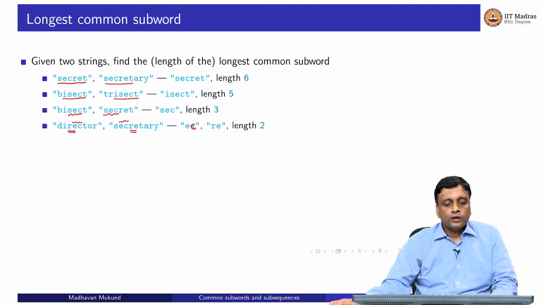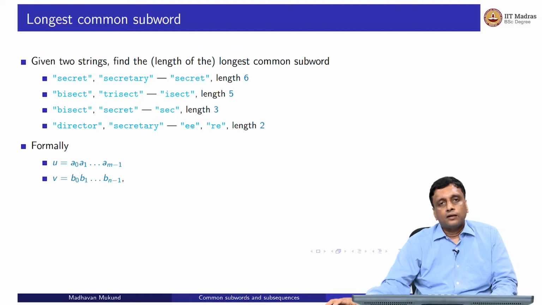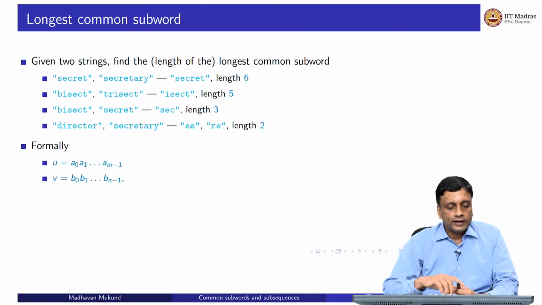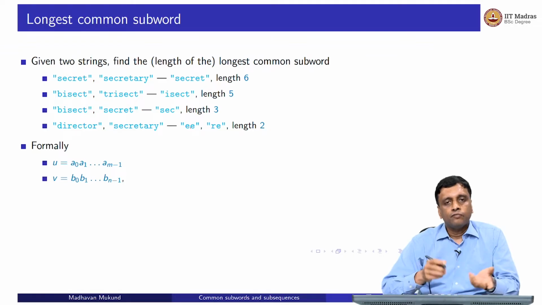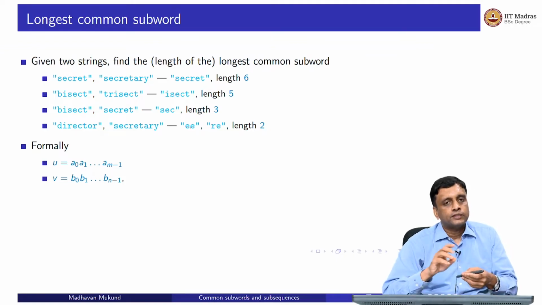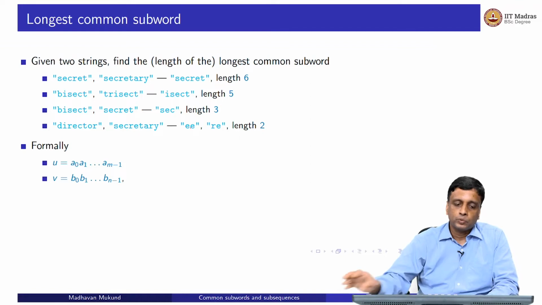Now there is obviously a brute force way of doing this. But first let's see what the problem formally says. I have two words. So u is of length m, and as we normally index in Python, let's assume that the positions in the string are 0 to m minus 1, and likewise v is of length n. So we have a string v with positions 0 to n minus 1.